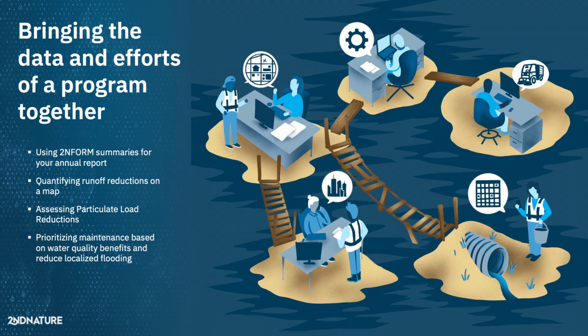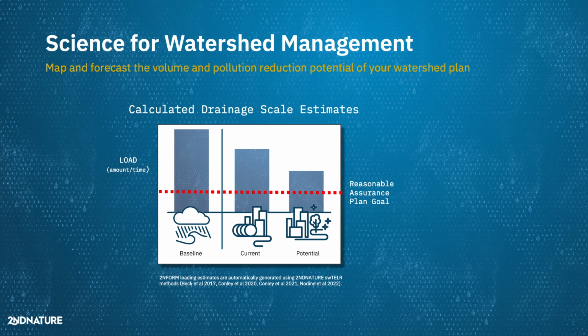that you can stand behind. There was another area we thought would be really important to share with you all, and that's this notion of leveraging science for watershed management. One of the things that we specialize at Second Nature in is exactly that, a science-based approach to stormwater management.